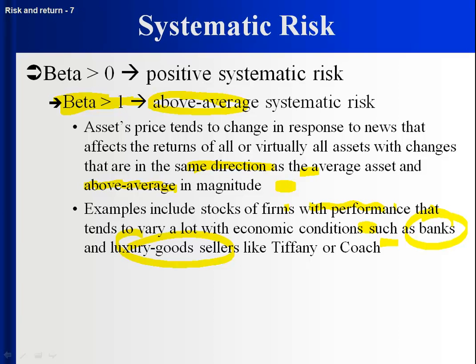Likewise, if news comes out that's considered to be particularly bad, the average stock says that's bad, it's going to be extra bad for banks, meaning fewer people can pay their loans and fewer people are going to take out loans. Same thing with luxury goods sellers. That's the first place people tend to cut if they're concerned about the future, and that's one of the first places that they start adding to if they're optimistic about the future, and so they're going to be more sensitive.